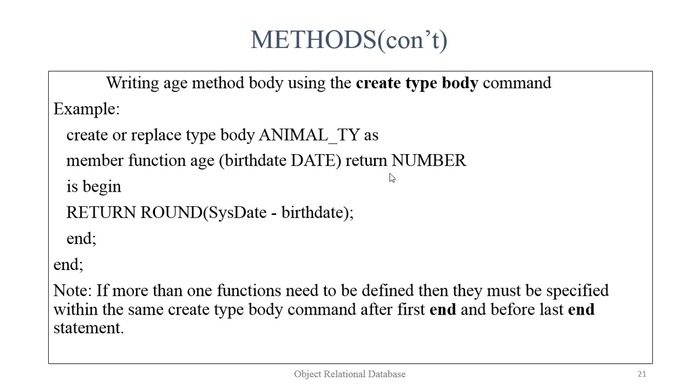And this function returns the age of the animal in number of days. Here we should note that if more than one function needs to be defined, then they must be specified within the same create type body command after the first end and before the last end statement.